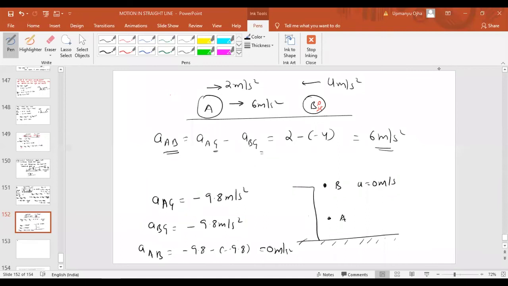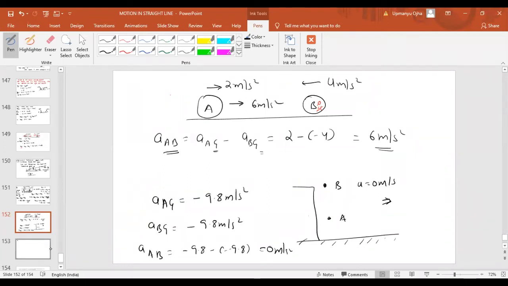So when both bodies have the same acceleration, the relative acceleration will be 0. You can make a note that when two bodies are under the influence of gravity, the relative acceleration between them would be 0, because both will have the same acceleration, 9.8 meter per second square.